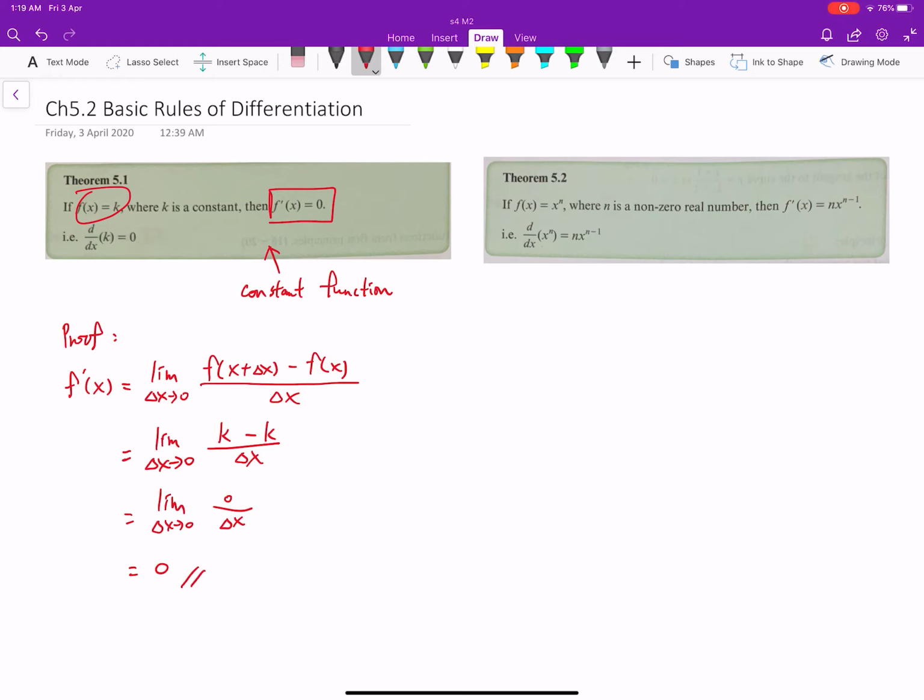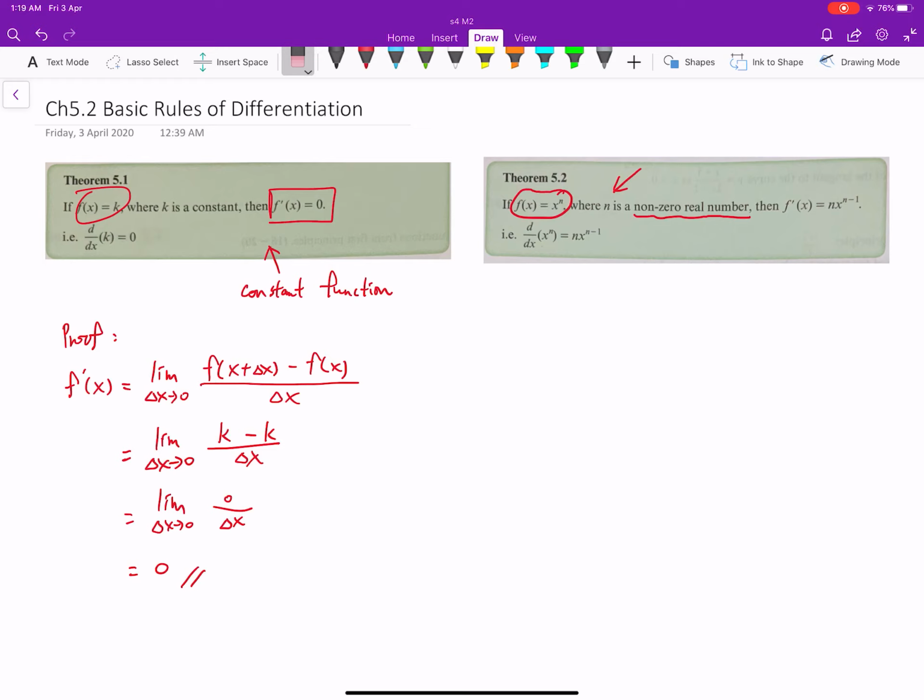For theorem 5.2, this is not a constant, but x to the power n. In this situation, n is a non-zero real number, so it can be negative as well, and it can be a fraction, for example 3/2, or even an irrational number like square root 2.